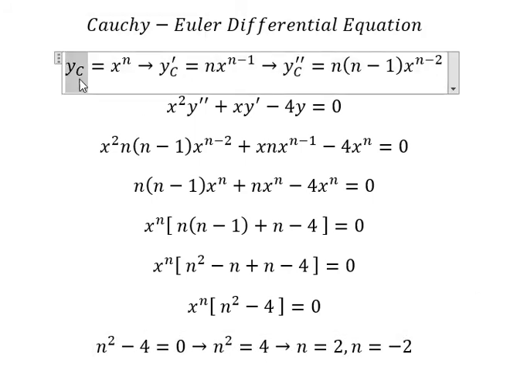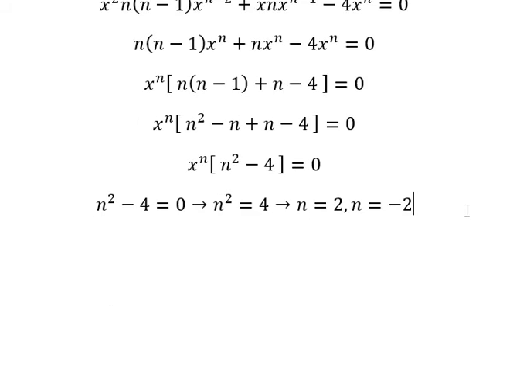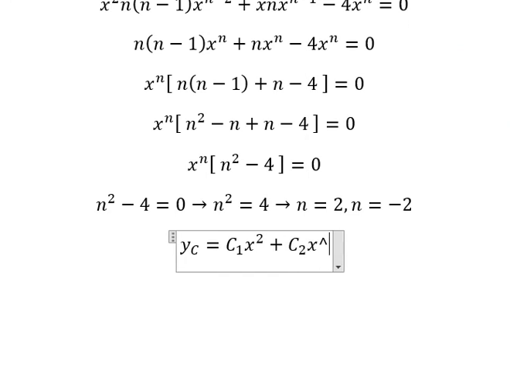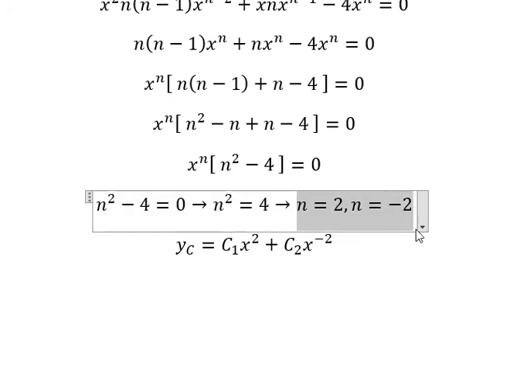So for YC, we will have C1 s to the power of 2, and we have C2 s to the power of negative 2. That's it for n in here.